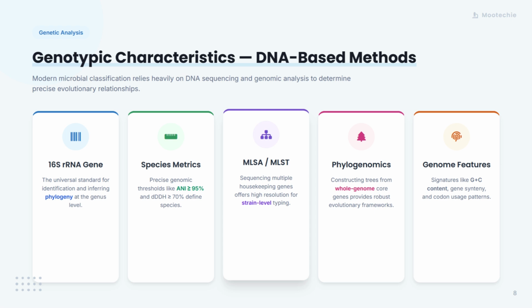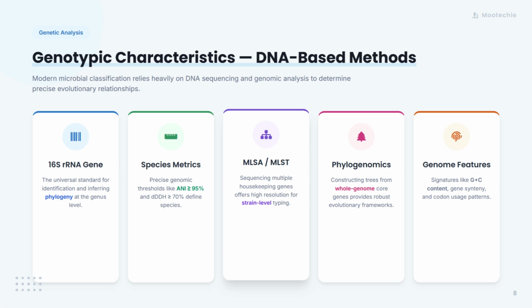This gene evolves slowly and is present in all bacteria, making it perfect for placing an unknown microbe on the family tree. Species metrics: precise genomic thresholds like ANI greater than 95% and dDDH greater than 70% define species.